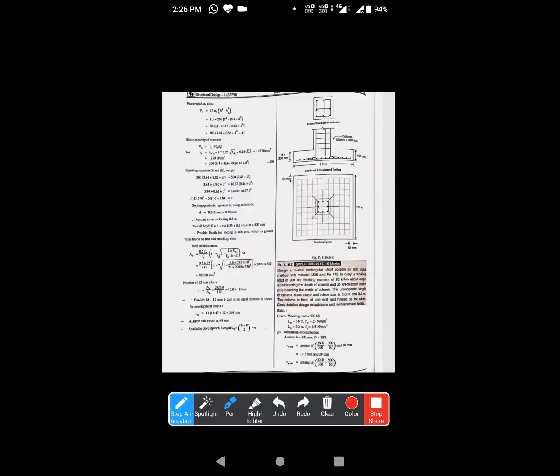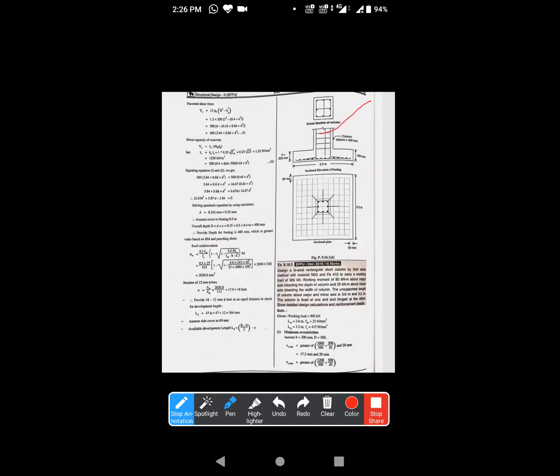The 12 mm, 18 numbers of bars are provided at the footing, and you have provided 4 numbers of 16 mm and 4 numbers of 20 mm bars for the longitudinal steel, and 8 mm lateral ties.